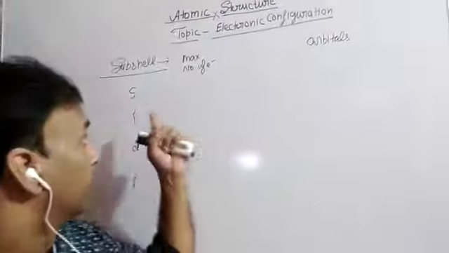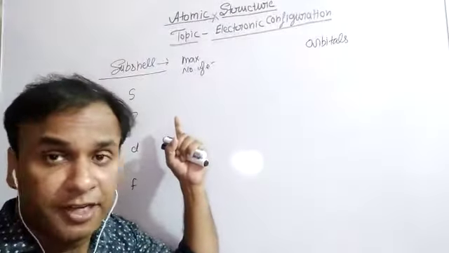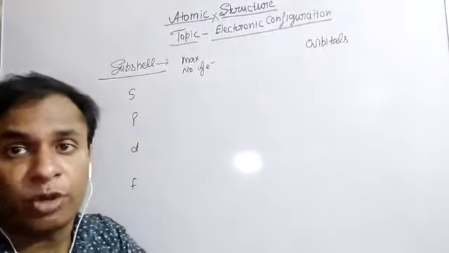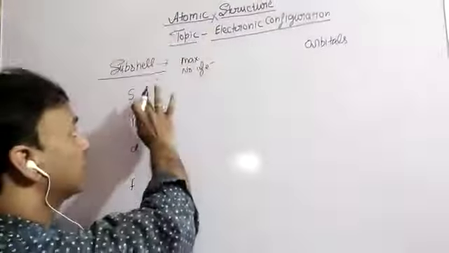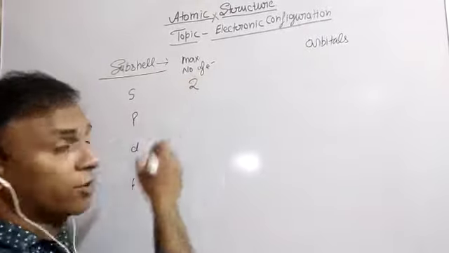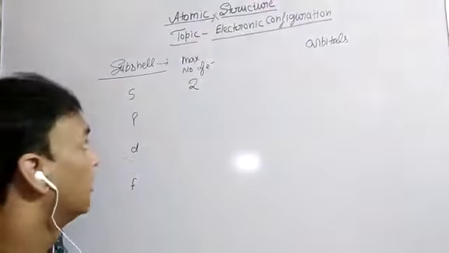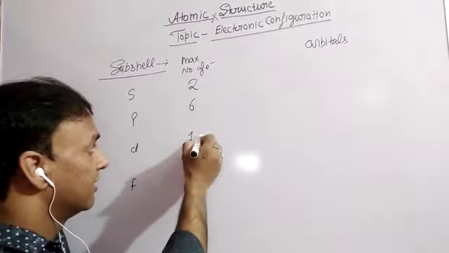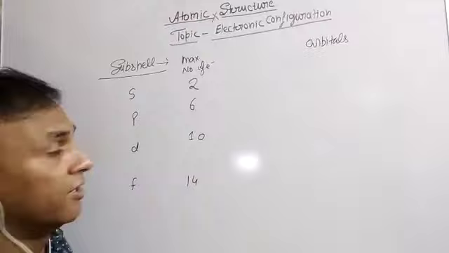Now subshells are represented by the letters S, P, D, F, which contain a maximum number of electrons. The S subshell contains a maximum of 2 electrons, P contains a maximum of 6, D contains 10, and F contains 14.